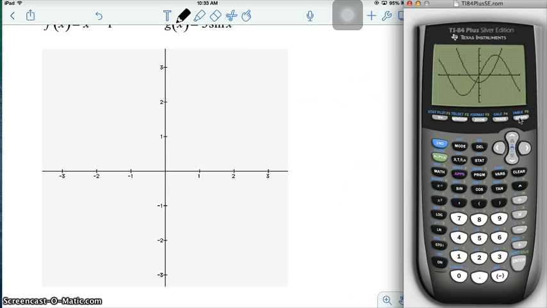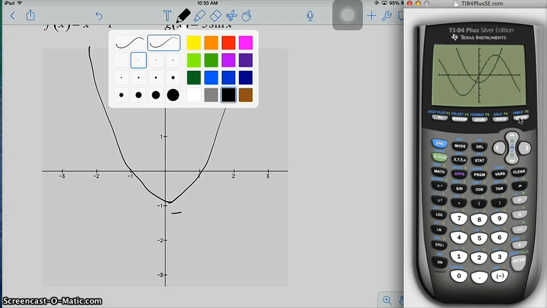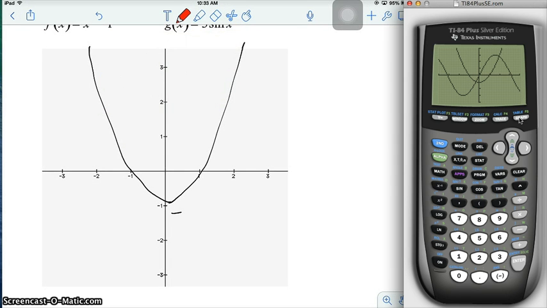So I have this beautiful parabola going up, and we also have a sine graph. I'm very bad at drawing sine graphs, so just bear with me. And then right here, just gonna go like that.